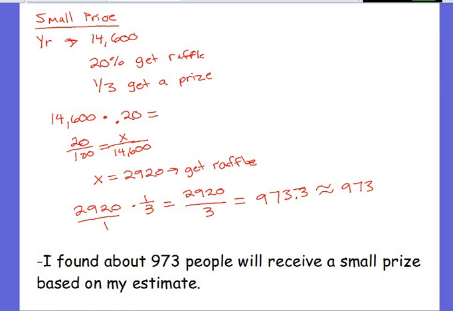But now you're going to use this sheet. Now that we've solved the problem, you're going to look at 3 other people's responses. And remember, it's an estimate. Everybody's answer could be different. They're not going to get 973. Chances are they won't get that.